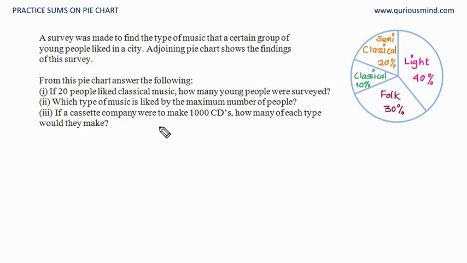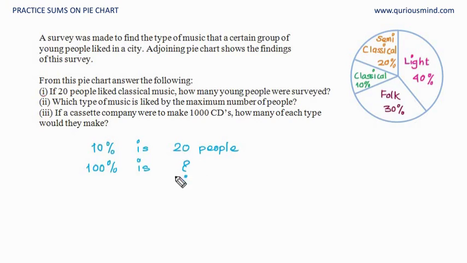So if you see classical, 10% like classical, but 10% is 20 people. And surveyed is 100%. So 100% is how many people?